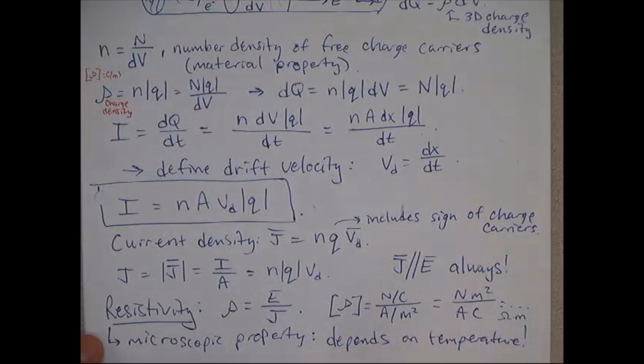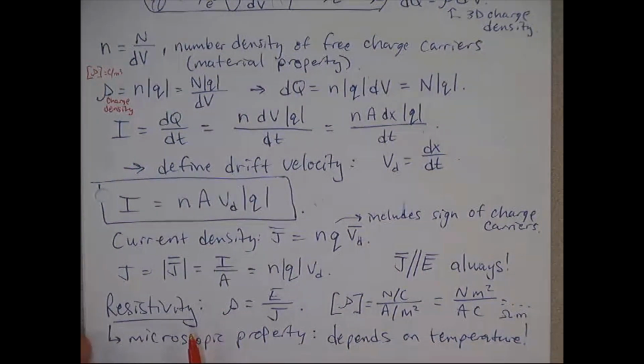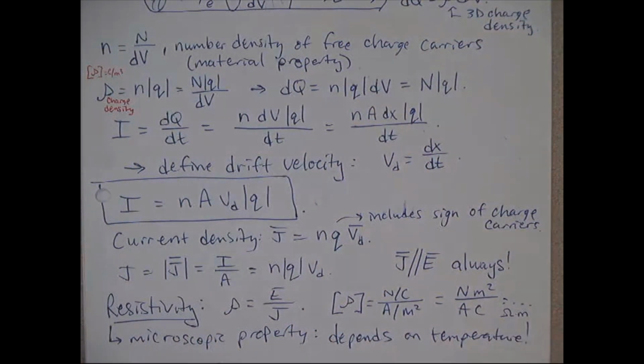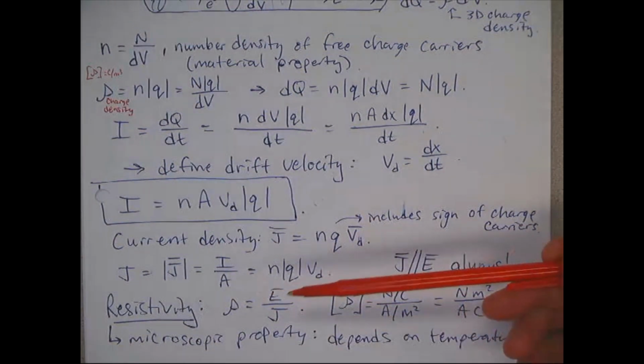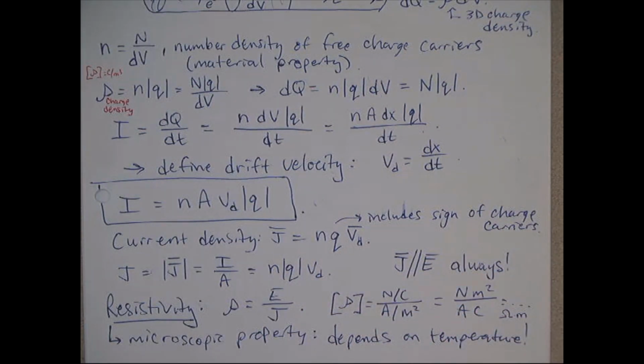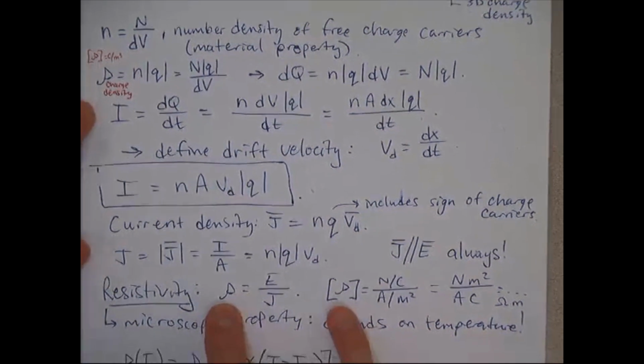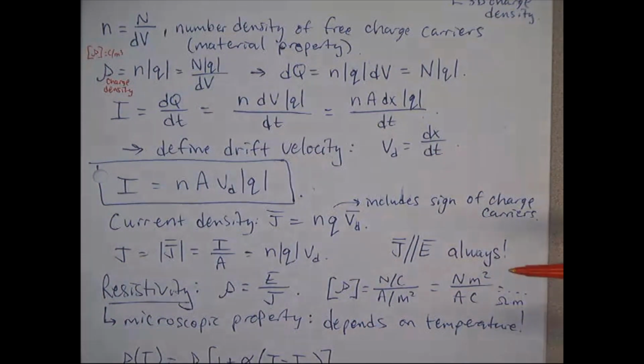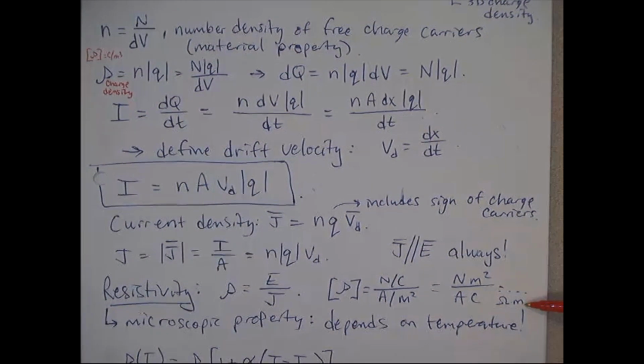And we can define something called the resistivity of the wire or the material through which the current is flowing as the ratio of the electric field magnitude to the current density magnitude. Resistivity now, sorry, it's not charge density. Resistivity rho is units-wise newtons per coulomb, that's E field, divided by amp per meter squared, that's current density. You can show that this is equivalent to an ohm times a meter, and it's a good exercise for you.